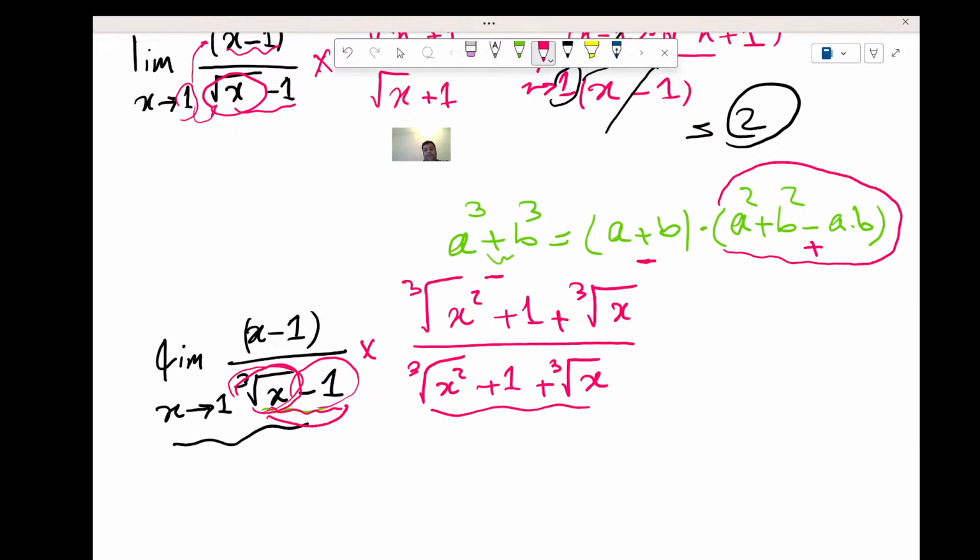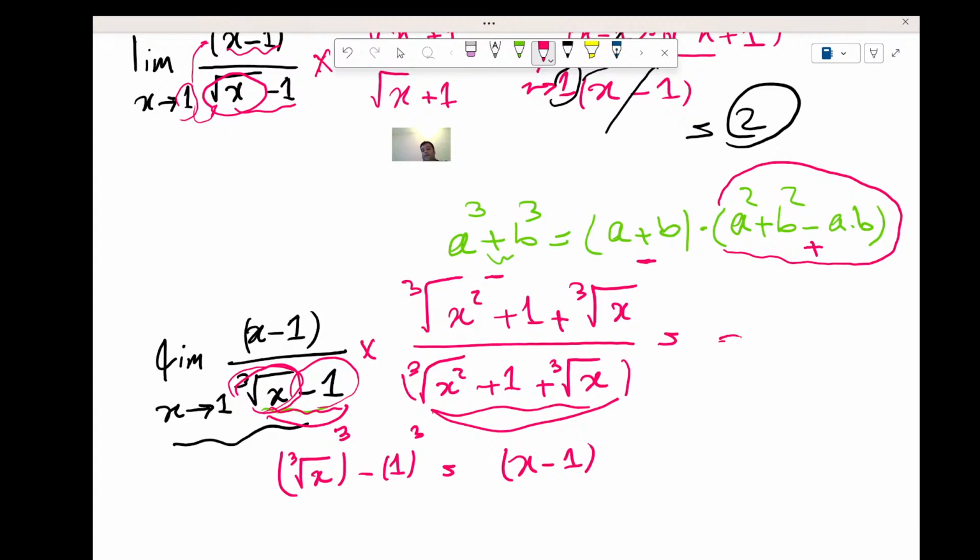If this parenthesis times this parenthesis is exactly the first element with power 3 minus the third element with power 3, it is exactly x minus 1. Therefore, in the numerator, we have x minus 1. Am I right?